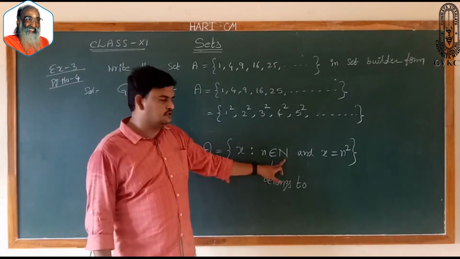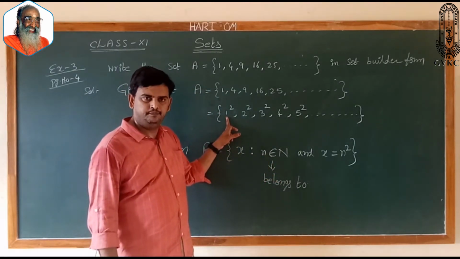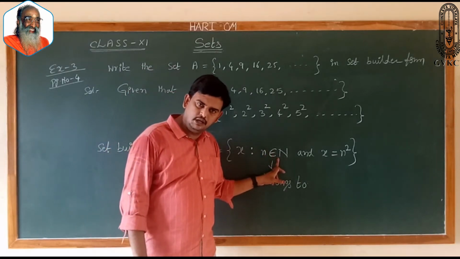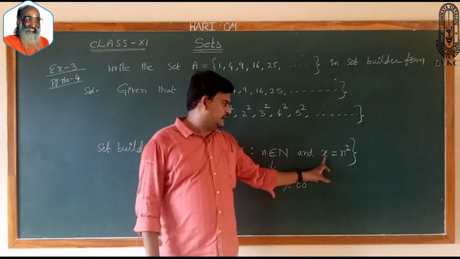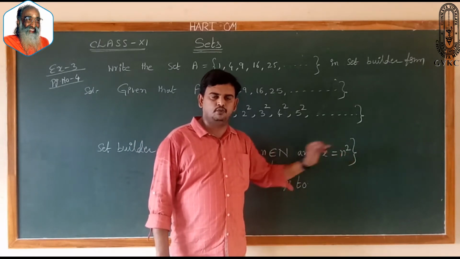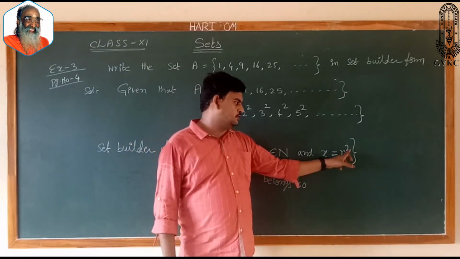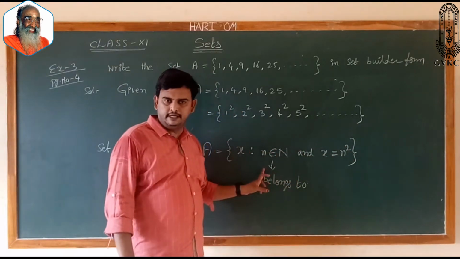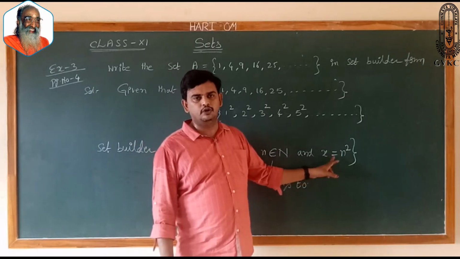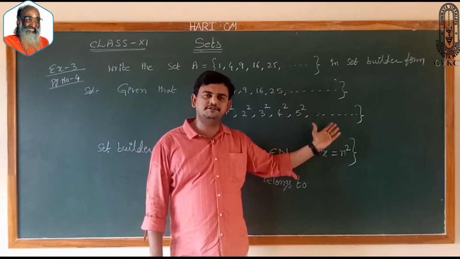For example, when we take n is equal to 1, a natural number, and x is equal to n square, means x is equal to 1 square. Next, n is equal to 2, x is equal to 2 square, n is equal to 3, x is equal to 3 square.